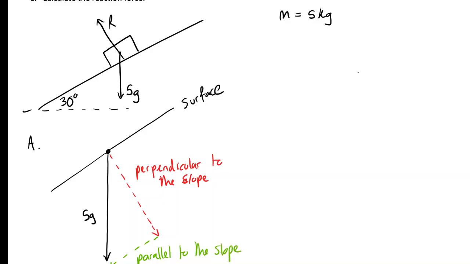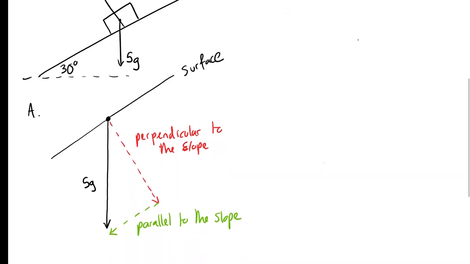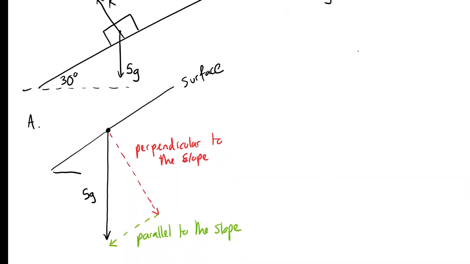Just to make that completely clear, if we pick up that component, you can see it lies in the same line as the slope itself. See how the dashed green arrow is aligned with the slope. The angle of 30 degrees, the angle of inclination of the slope, can also be found inside this triangle. You can show that if you do the following.